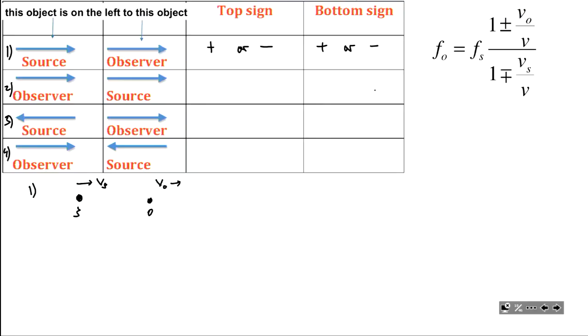An observer. When we talk about an observer, we have to look not at the source, we have to look at how the waves move. So we have to add one more element, and you should have done it. Wavefronts. Wavefronts travel in all directions away from the source, but we don't care about those.